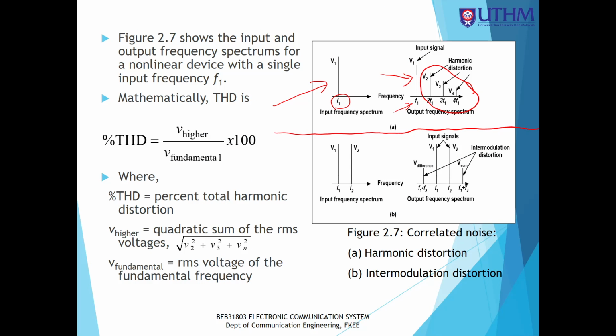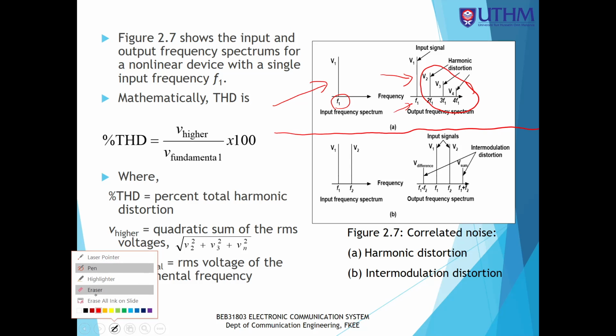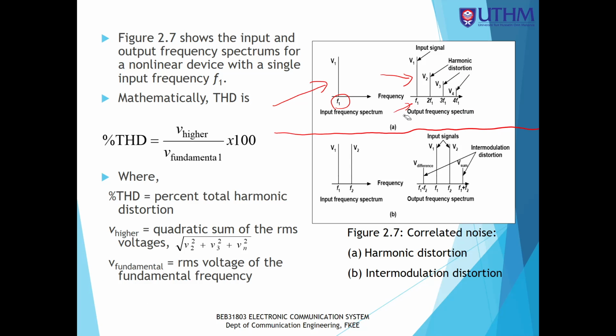Okay, so ini total harmonic distortions. Kita perlu lihat semula gambar yang ini. Saya padam dulu jap. Kalau kamu lihat gambar A, gambar A ini ada sehingga second order, 3rd order dan juga 4th order.